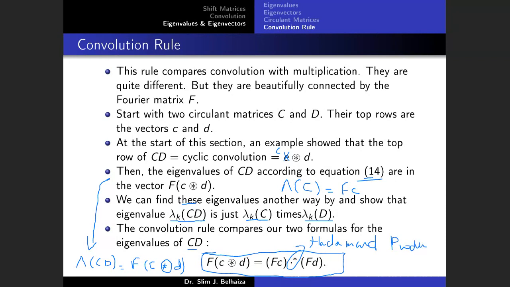I'll give you a small example of the Hadamard product. I'll share my whiteboard right now. What we were just saying is that the kth eigenvalue of CD is in fact the kth eigenvalue of C multiplied by the kth eigenvalue of D. So this is what we've just shown.